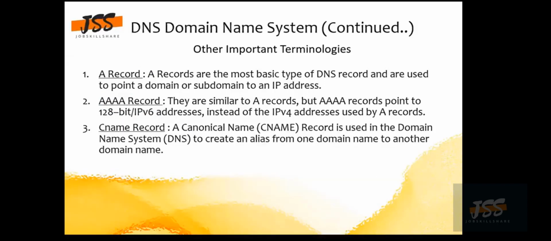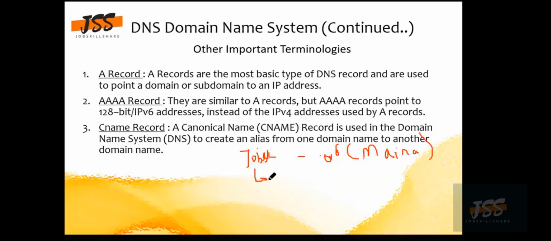And then we have the CNAME record, which is also known as canonical name. The chances are that the website you have, like jobskillshare.org, is your main domain, the main name of your domain.